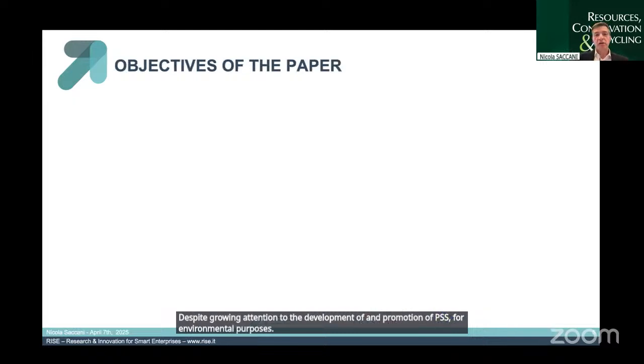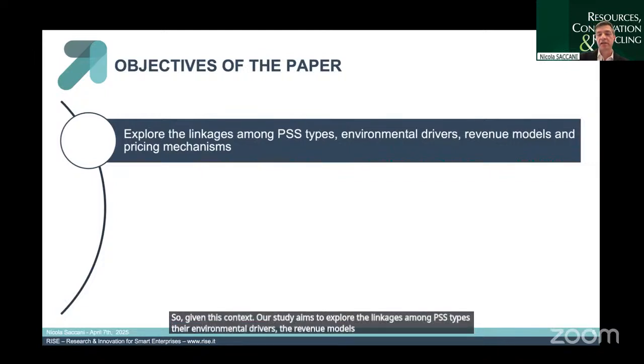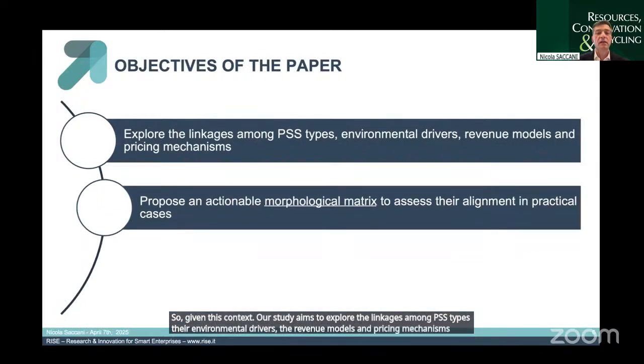So, given this context, our study aims to explore the linkages among PSS types, their environmental drivers, the revenue models and pricing mechanisms, and to propose an actionable morphological matrix to link these four dimensions and also assess their alignment in practice.